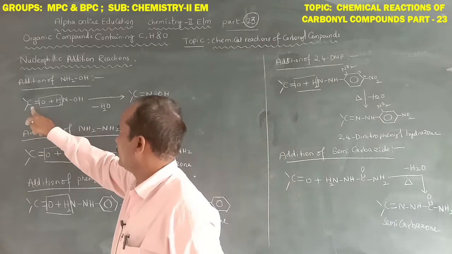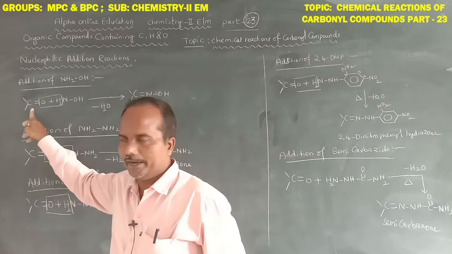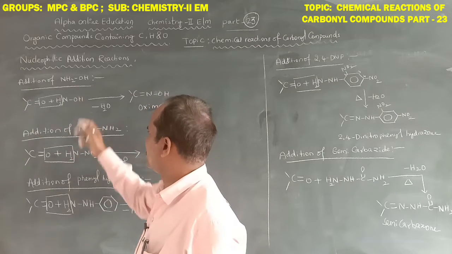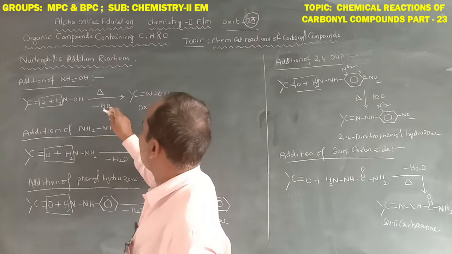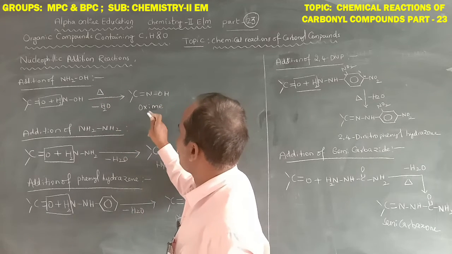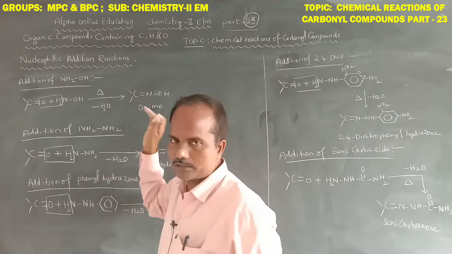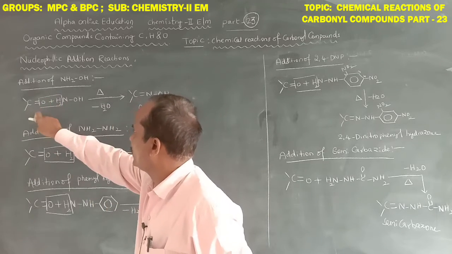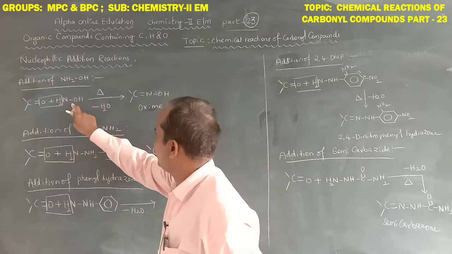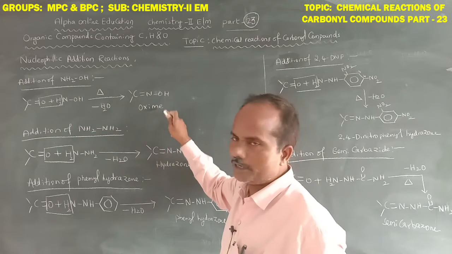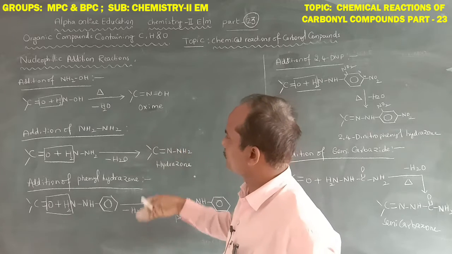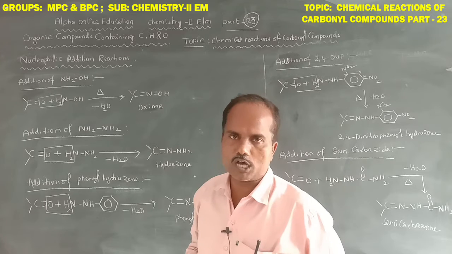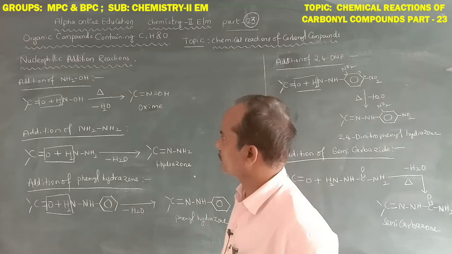If the carbonyl compound is an aldehyde, treated with hydroxylamine and heated, removal of water molecule takes place and forms aldoxime. If the carbonyl compound is a ketone, then ketoxime is formed. So this is used in the identification of carbonyl compounds.